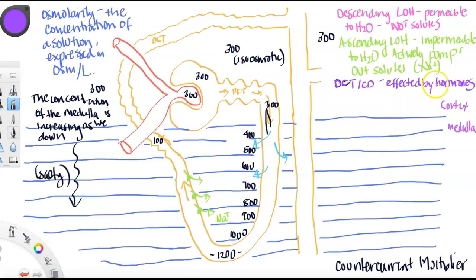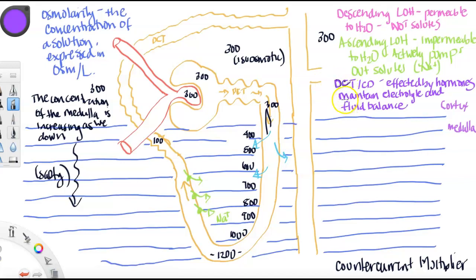And those hormones are what maintain electrolyte and fluid balance. So we're going to see hormones like ADH, antidiuretic hormone, and aldosterone.